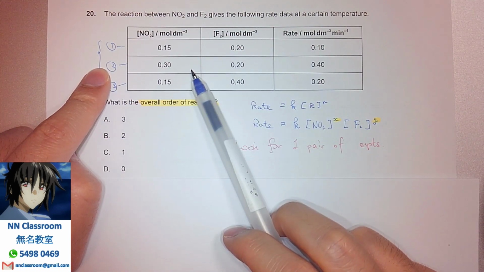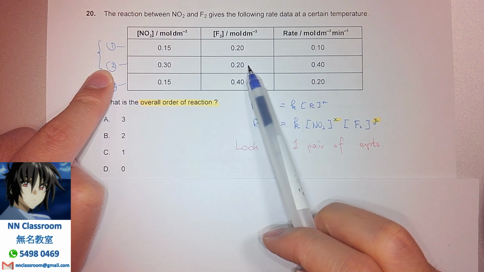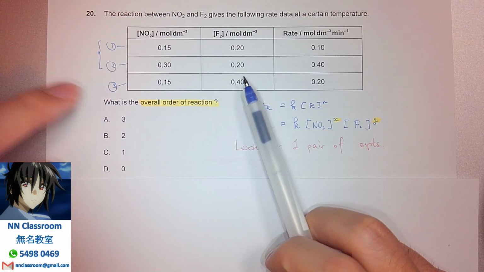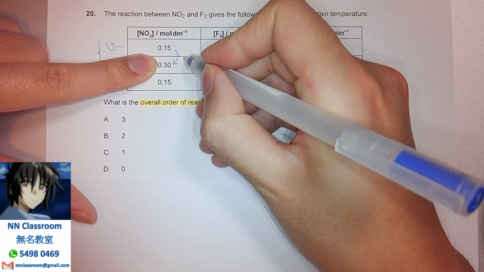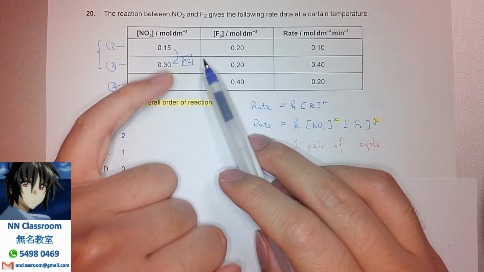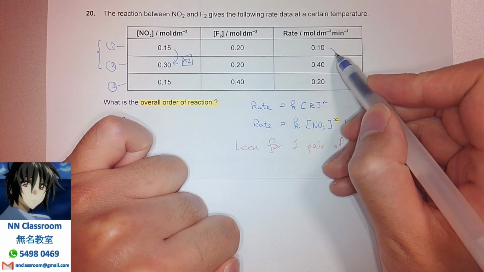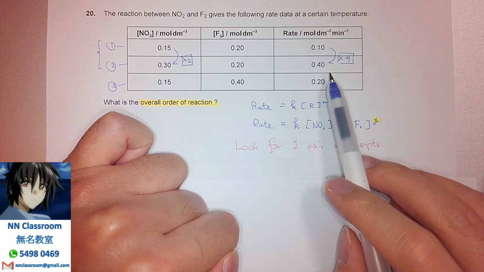So if I choose experiment 1 versus 2, fluorine is kept unchanged, and the concentration of NO2 goes from 0.15 to 0.3, increased by a factor of 2. This increase by a factor of 2 brings the rate to increase by 4 times, from 0.1 to 0.4.